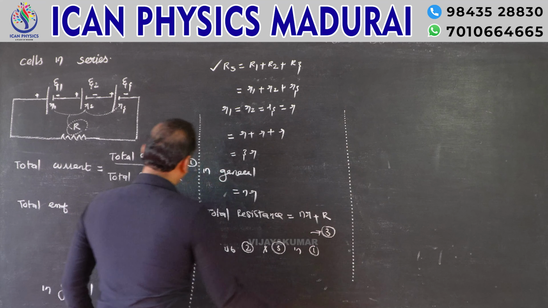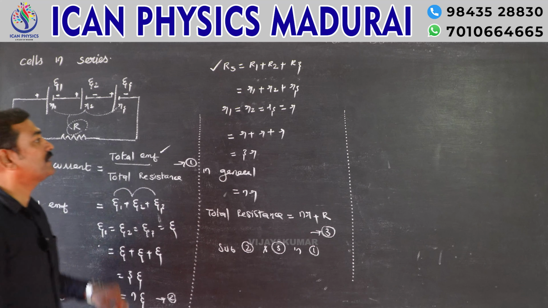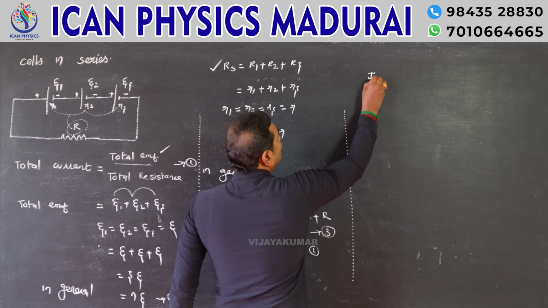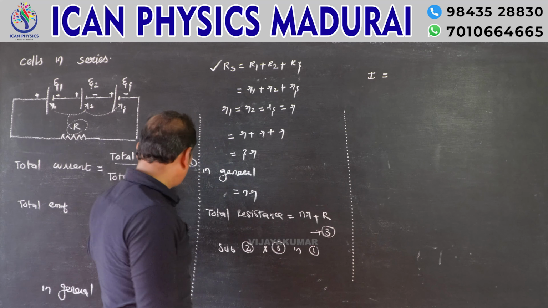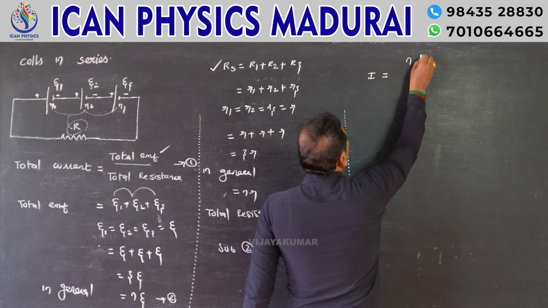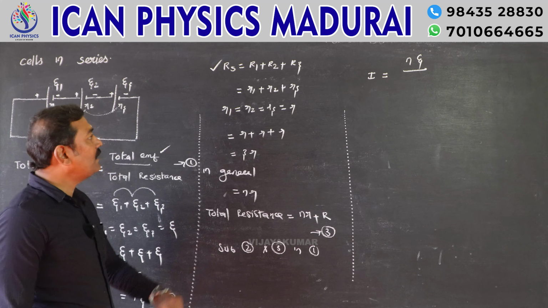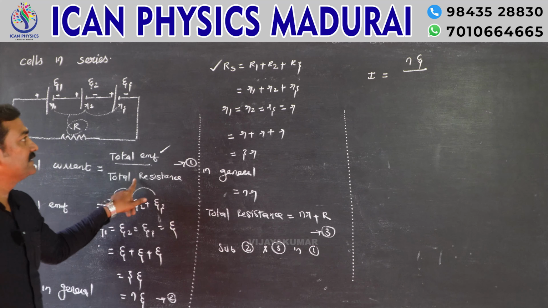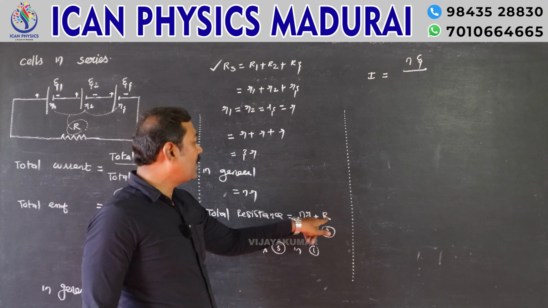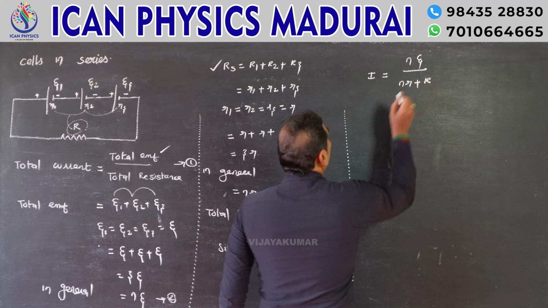The total current I equals total EMF by total resistance, so I equals n psi divided by the total resistance, which is nr plus R.